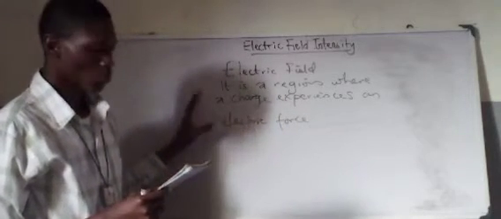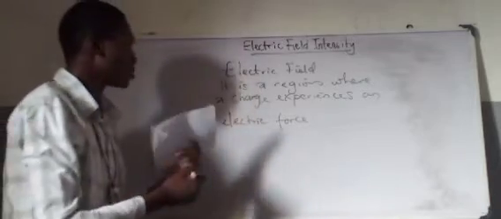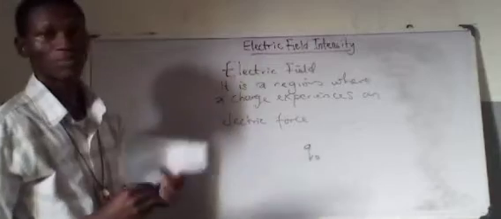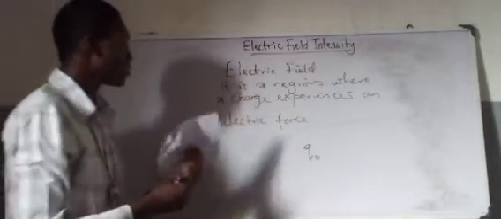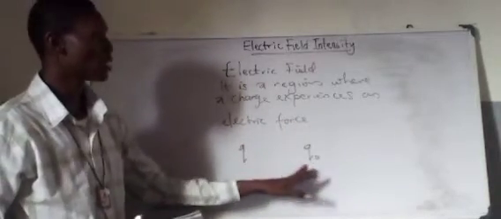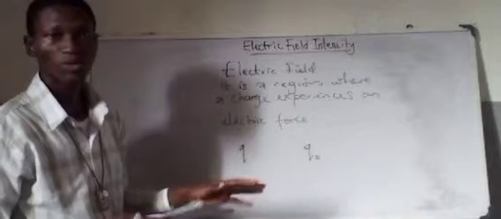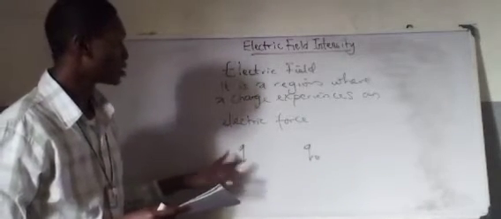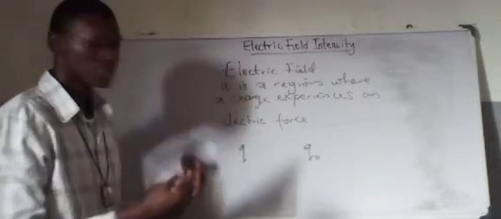Now, normally, if we have a test charge, let's represent our test charge by Q naught, and we have a point charge, let's call it just Q. Let's assume that our test charge is of a low amount of charge, and this is our point charge, exhibiting electric force.